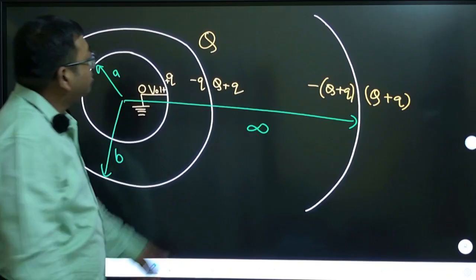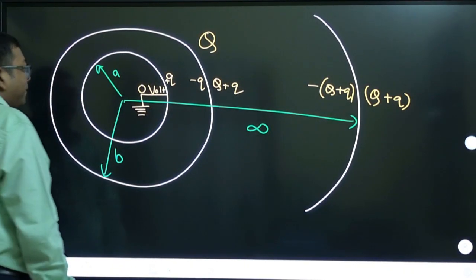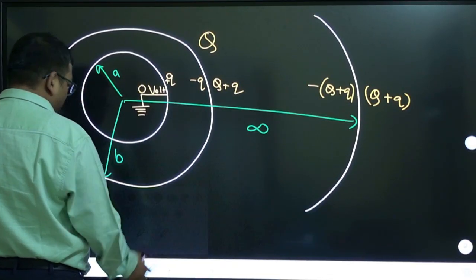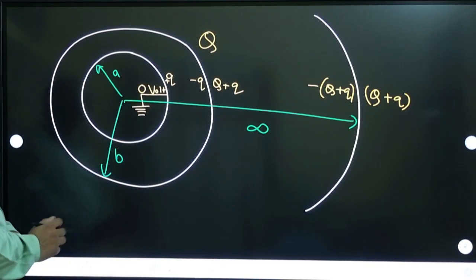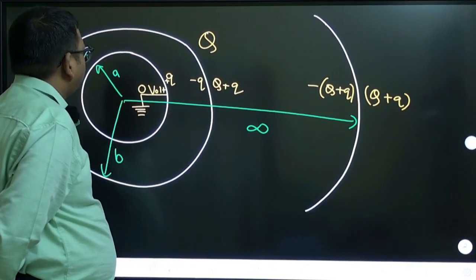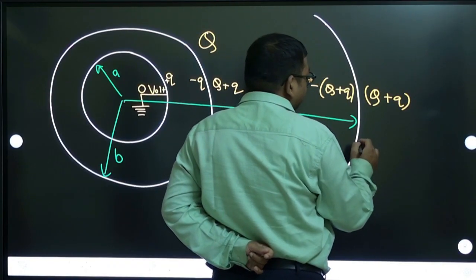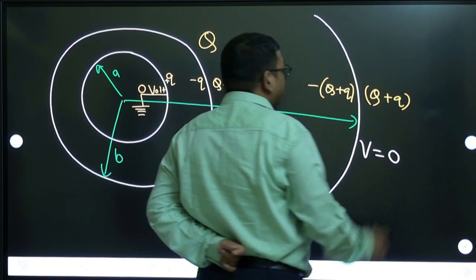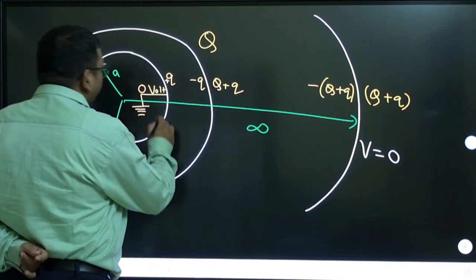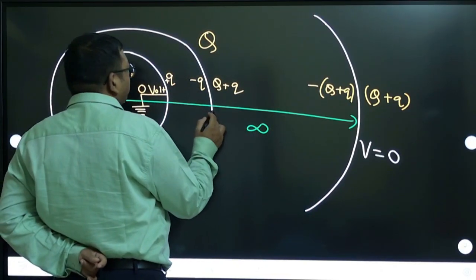So how to do the calculation here? Note that this point, this voltage is also 0. Okay, so this voltage is 0 and that voltage is also 0, but this one's voltage is not 0.